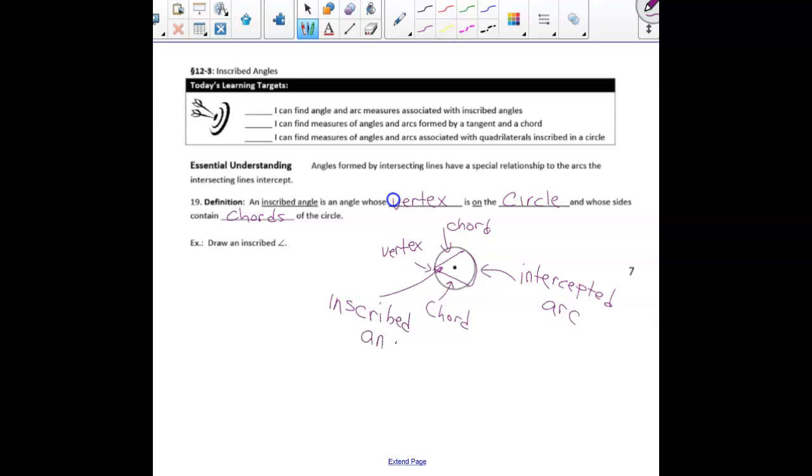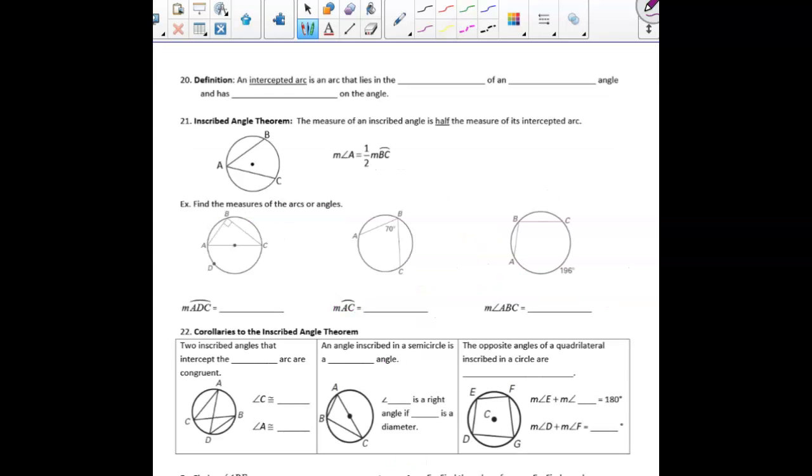And there is a relationship between the inscribed angle and the intercepted arc that we're going to demonstrate. So, the definition of an inscribed arc is an arc that lies in the interior of an inscribed angle and has endpoints on the angle.